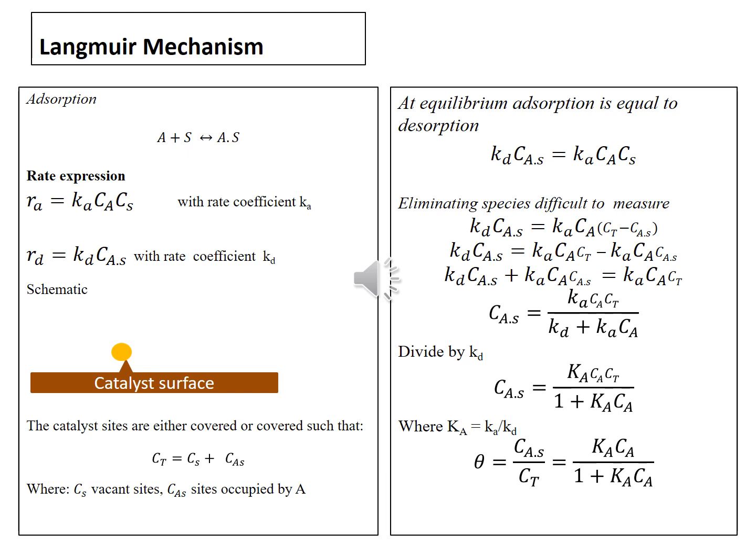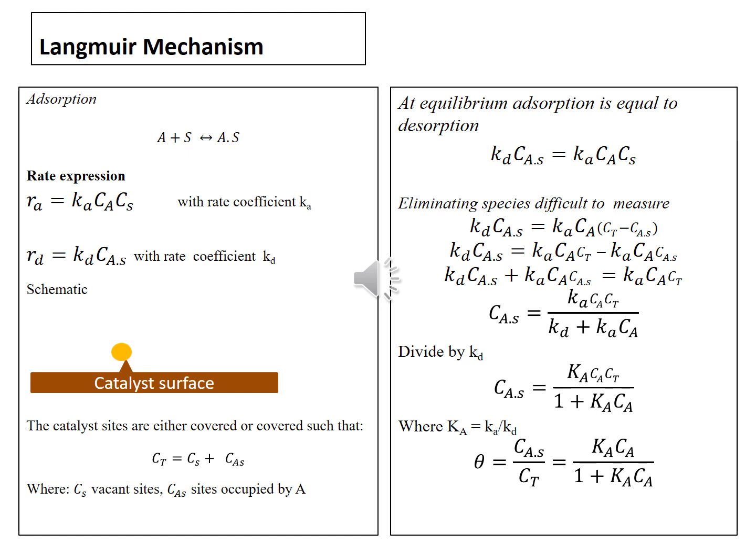And another feature that is used is the total site balance. So in the total site balance, we're saying Ct is equal to Cs plus CA·S, where Ct is the total number of sites, Cs is the vacant sites, and CA·S is the concentration of sites occupied by A. Basically, what we need for us to come up with the right equation is to remove the unmeasurable terms.